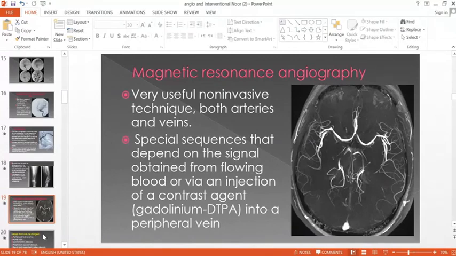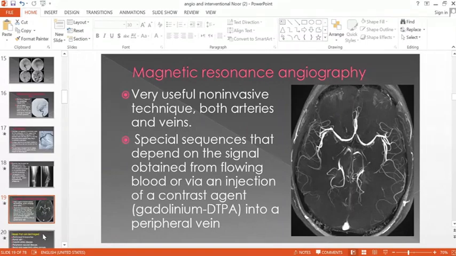MR angiography is a very useful non-invasive technique for both arteries and veins, so it is MR arteriography and MR venography. It relies on special sequences that depend on the signal obtained from flowing blood. Okay, so it does not have to use contrast necessarily.